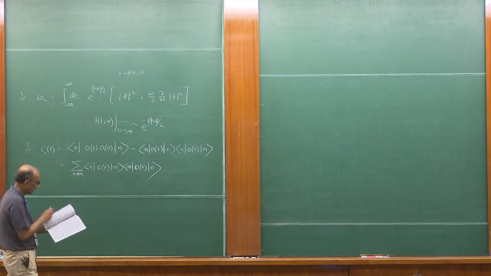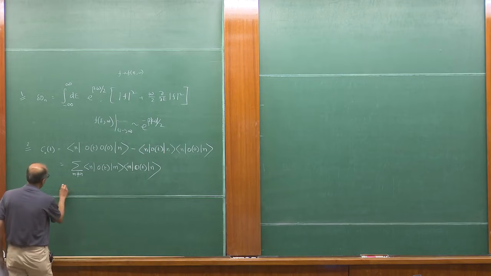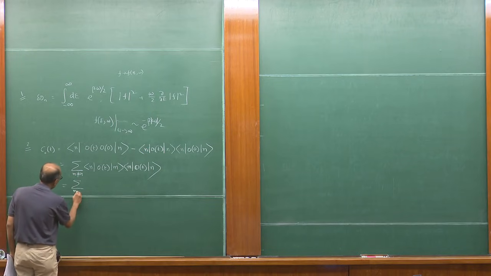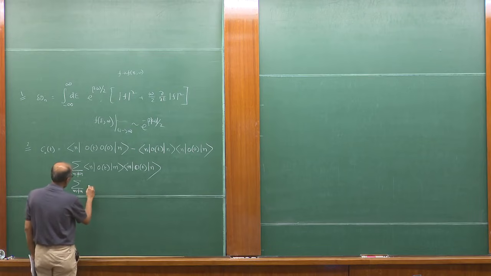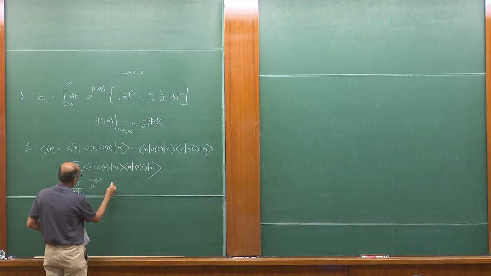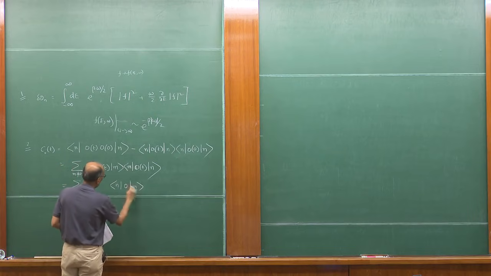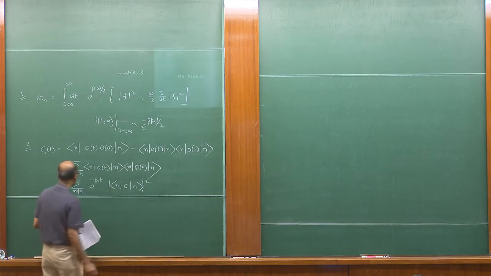As before, let me write one more step. So this is a sum over m not equal to n, e to the power i omega t, and minus i omega t, and then |n O m| square.